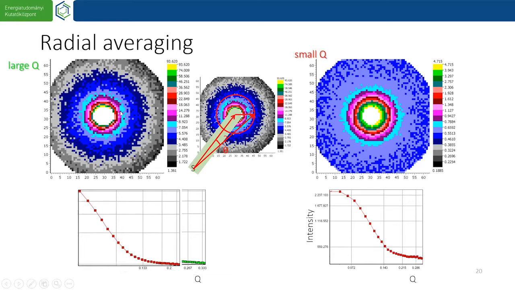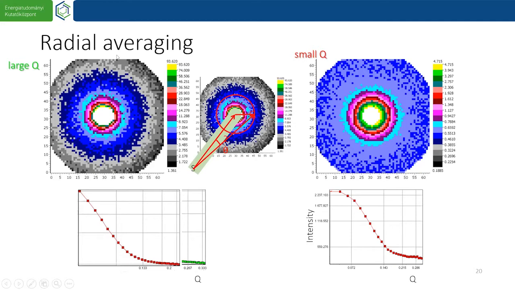We do it many times, approximately 30 times, because we have here 30 pixels on one side, and then we obtain a scattering curve, which usually is a decaying function of the angle. There are a few cases where it is not a decaying function of the angle.